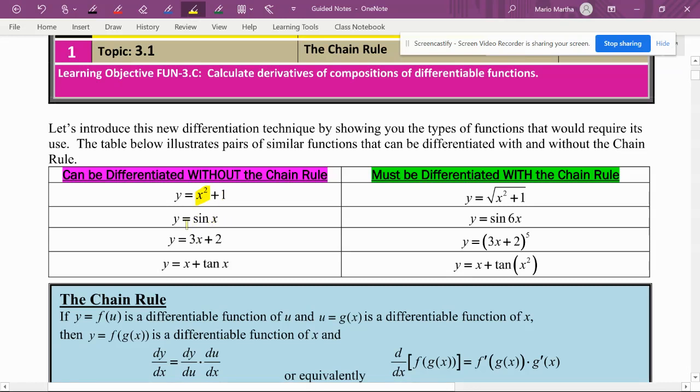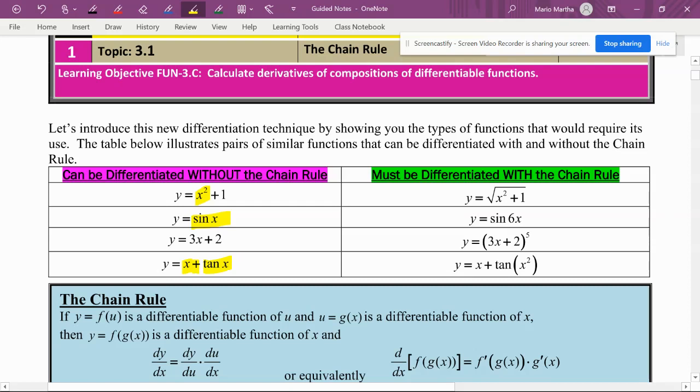For the next one, you have the sine of x. The derivative of that would be just cosine of x, so no use of the chain rule. y equals 3x plus 2, same as the first one, same rule. And then y equals x plus tan of x, so pretty much the same combination of the sum and difference rule, the power rule, and of course the trig rules.